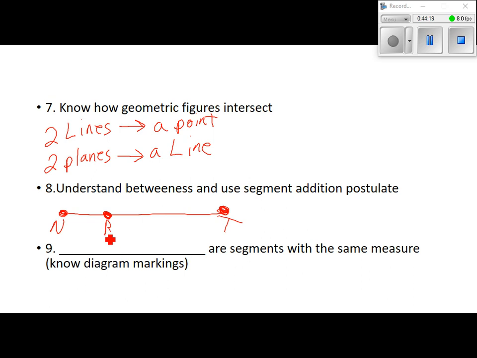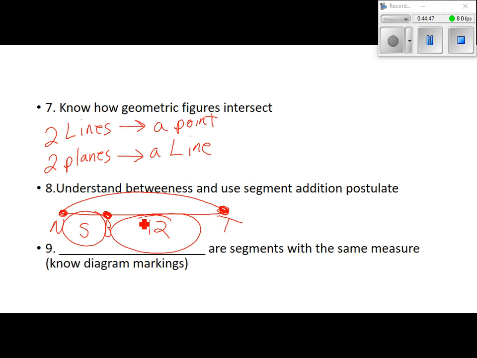We had problems earlier in the chapter where they might have told you that N to B was 5, B to T was 12, and then we had to find what? That whole length. How did we do it? This plus this has to equal the whole thing.